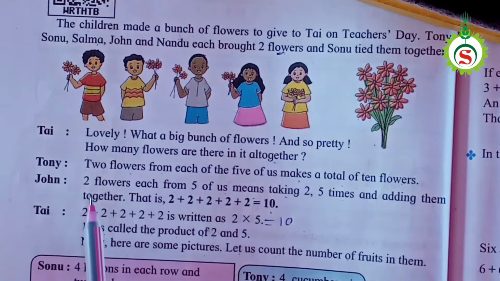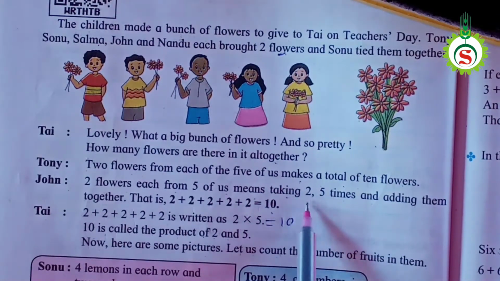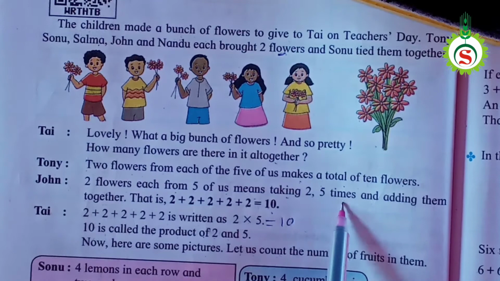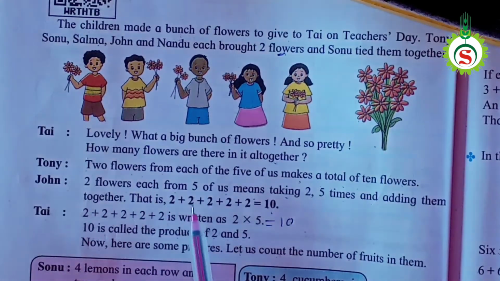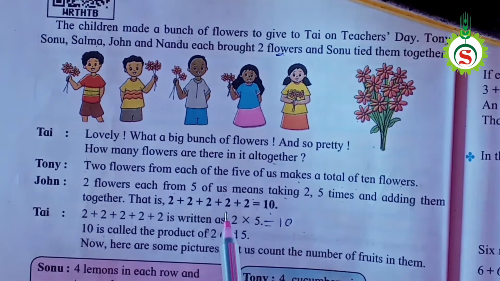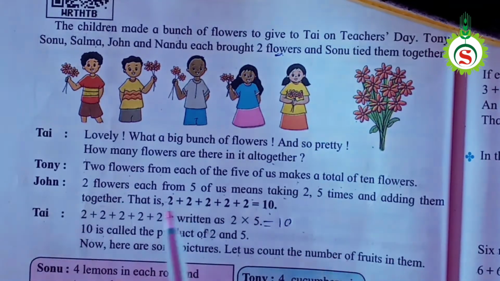John says, 2 flowers each from 5 of us means taking 2 five times and adding them together, that is 2 plus 2 plus 2 plus 2 plus 2 equals 10. Take 2 five times and add them, we get the total number of flowers, that is 10.